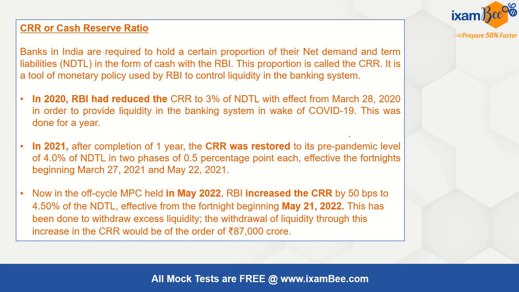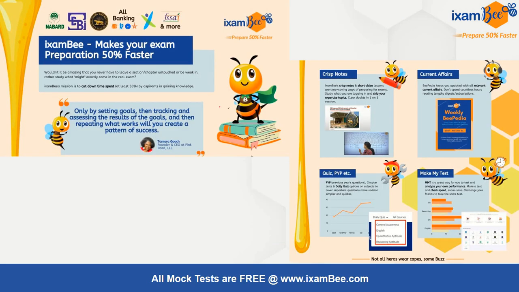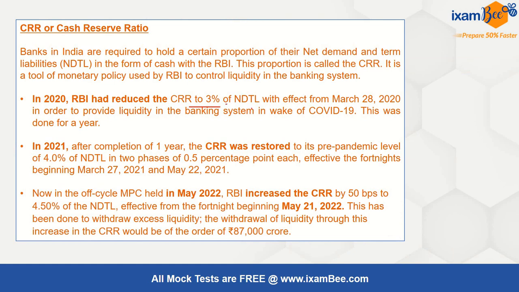If you see the journey of the CRR in the last 2 years: in 2020, RBI reduced CRR because at the onset of COVID the priority was to provide more liquidity in the market, reduced to 3% of the NDTL for a year.